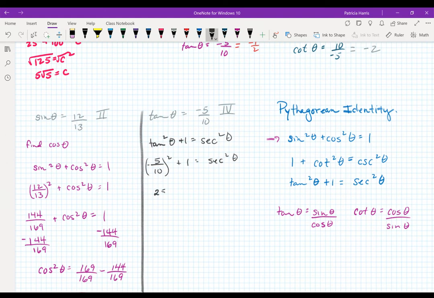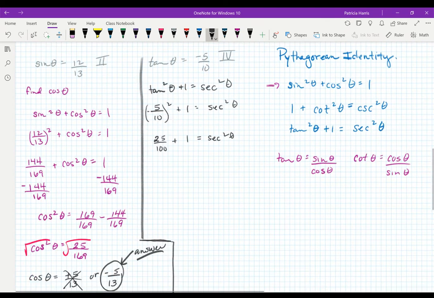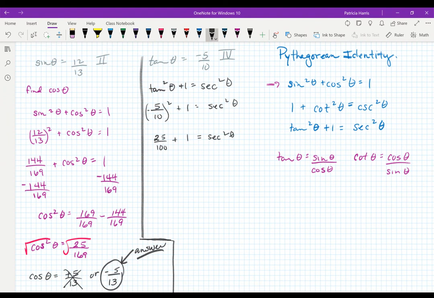It's going to be 25 over 100 plus 1, like that. I knew to use tangent squared plus 1 equals secant squared theta because I started with a tangent. So you always look at what you started with. Again, if you have fractions, you can pull out a calculator or you can use the picture.